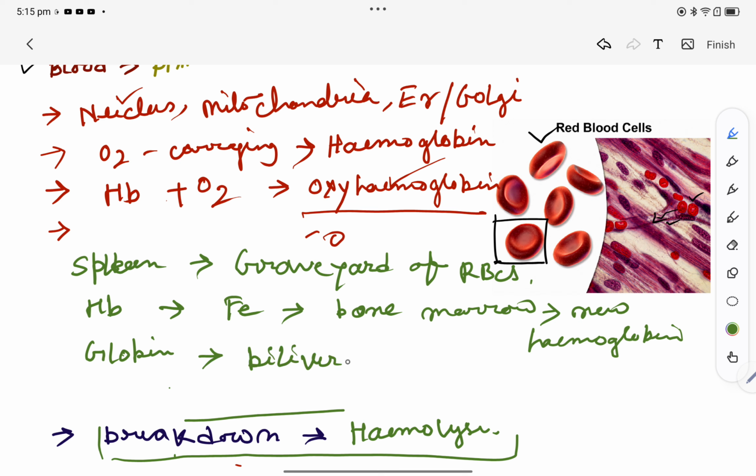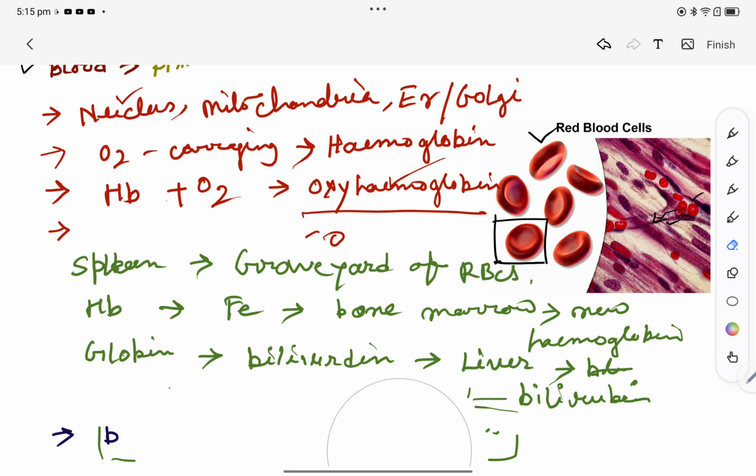It is transported to the liver, and in the liver it becomes bilirubin. And it is excreted with bile. That is the fate of hemoglobin.